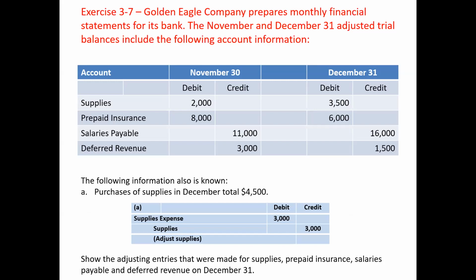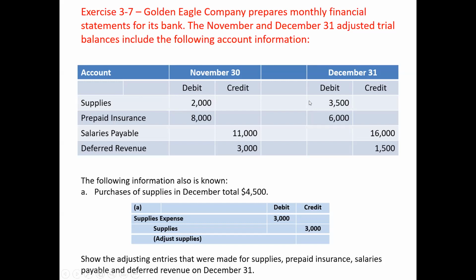When we purchased supplies in December totaling $4,500, think about it. Supplies were at $2,000, okay? Then in December, they purchased $4,500 of supplies. So this account was up to $6,500 at one time, wasn't it?